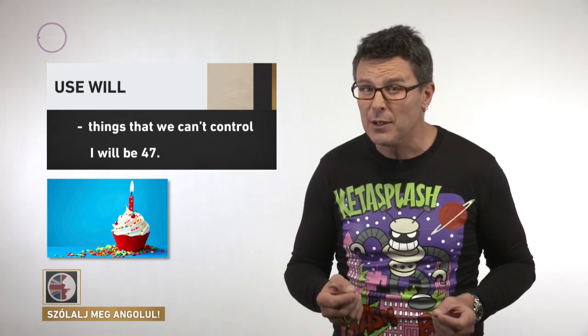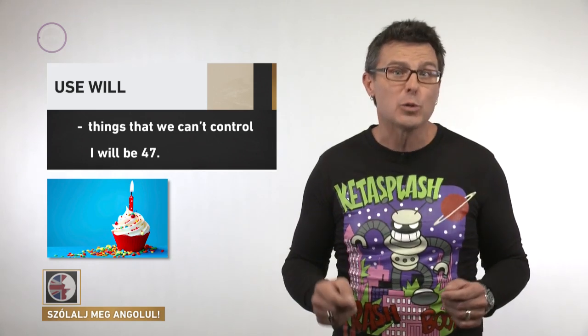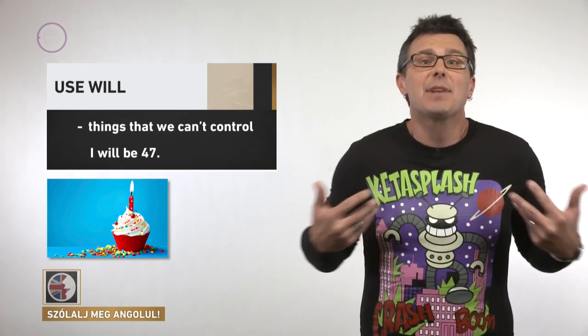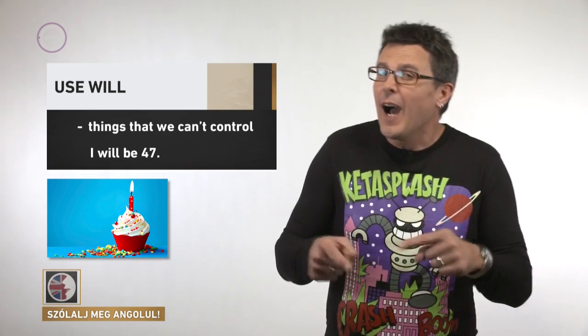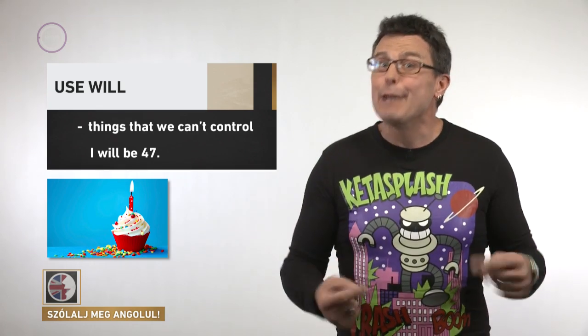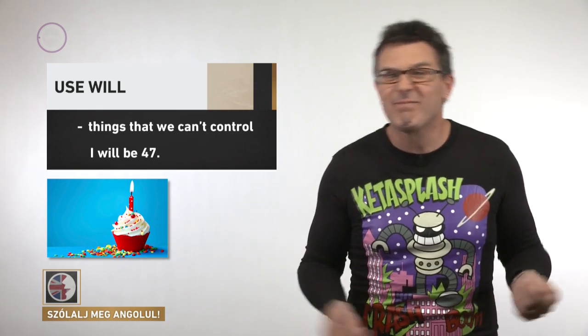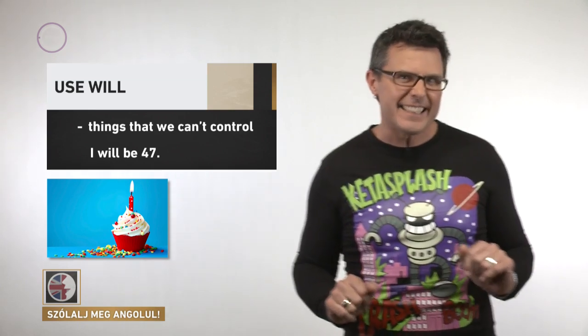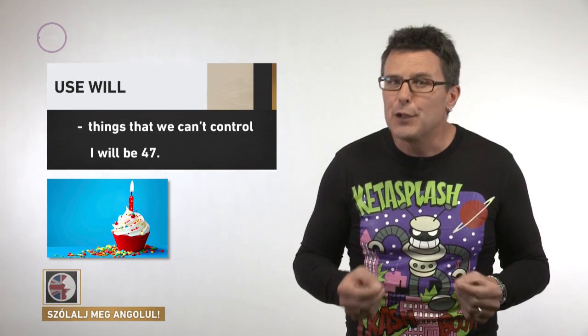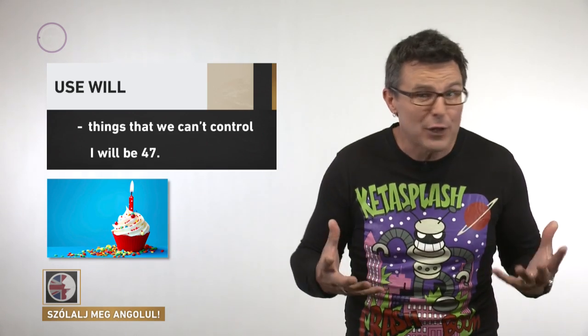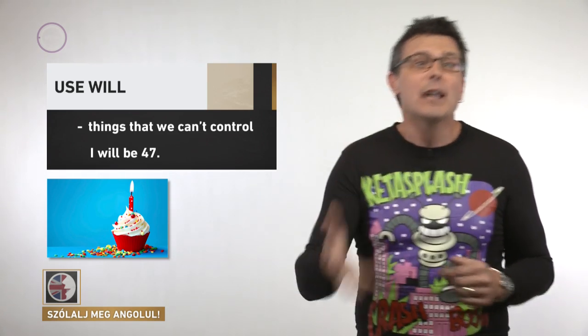The action of becoming 1 year older every year is something I can't control. Well, I won't be 47 this year if I die, but that's a rather morbid idea. So, when we're talking about things in the future about which we haven't got any control, then we use will.